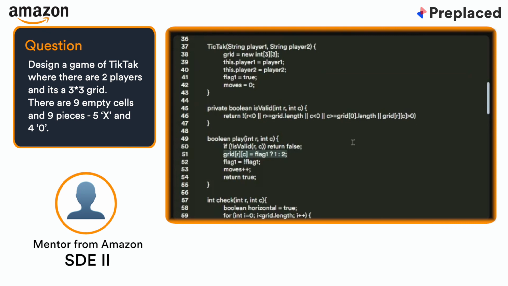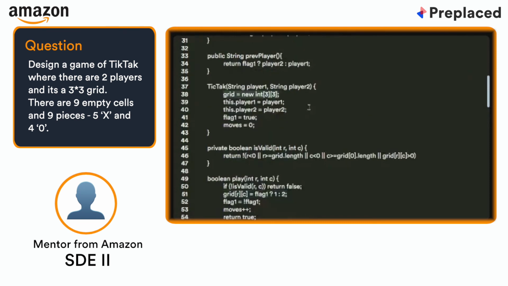Now is equal to 2, you return 1. If it's not equal to 2, you return 2. Then you place it. But where are you initially placing the values 0 in the grid? Okay, so in Java, when we define a grid, by default it gives 0, right? Yeah, it assigns zero.